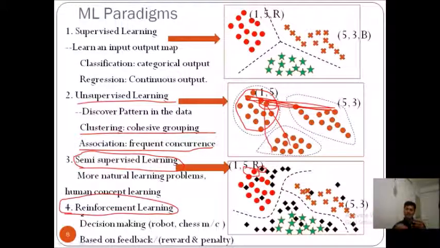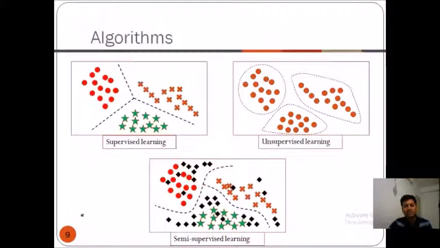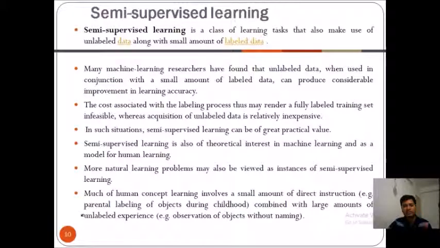Based upon the feedback we create policies so that the next time our decision will be better and our performance will be better. So based upon the feedback we try to improve the performance at some task, and that comes under reinforcement learning. The same things are explained here. Students can go through that. This PPT will be shared with you.